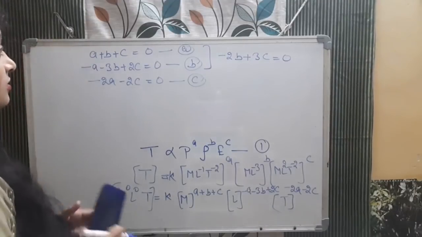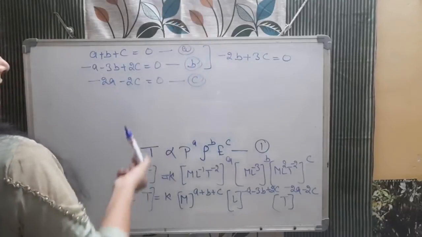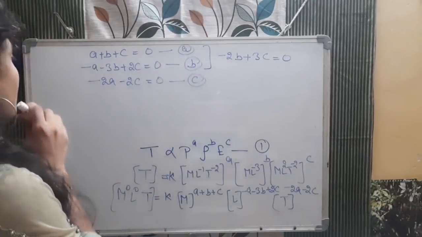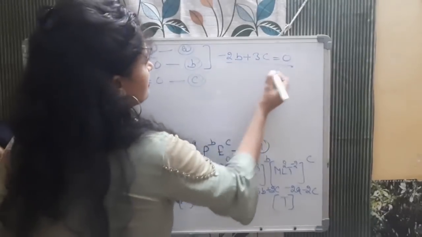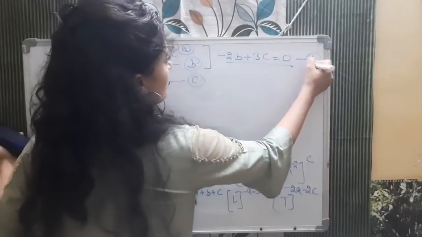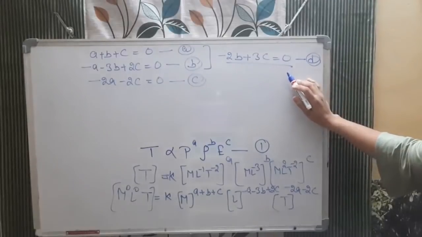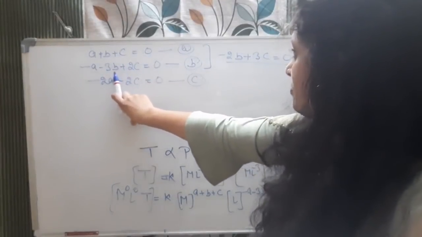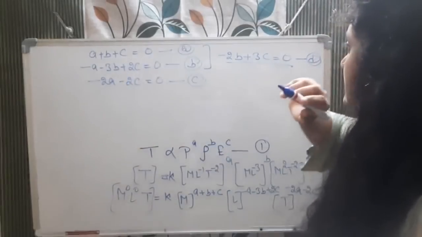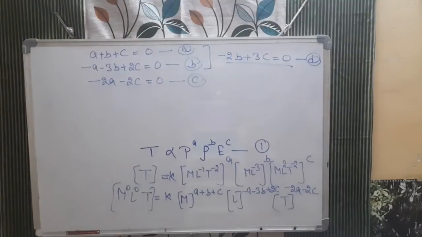Now we can calculate the value of B from here and C in terms of B. You can call this equation D, and now we need to add this equation with the equation B, and cancel out, multiply with the 2.